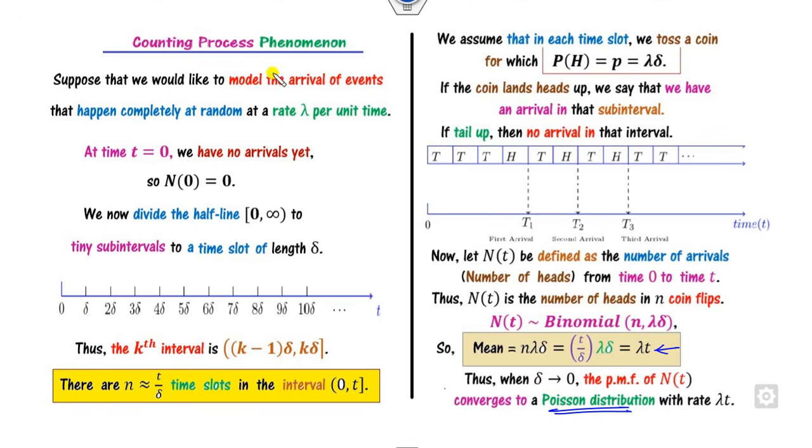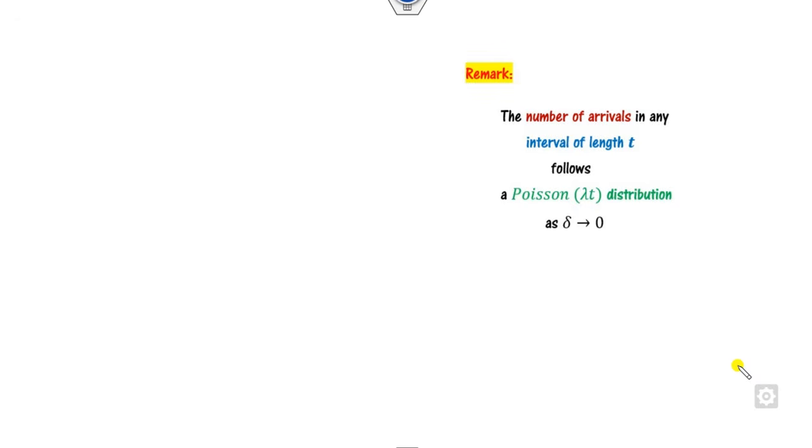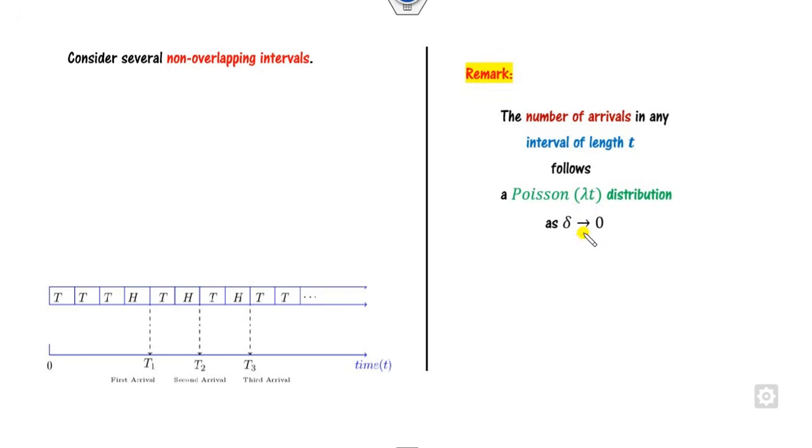So what is the meaning of that? The counting process will follow the Poisson distribution with the parameter lambda t. The number of arrivals will follow the Poisson distribution as the arrival interval is very small. If I look again here, consider the non-overlapping intervals.